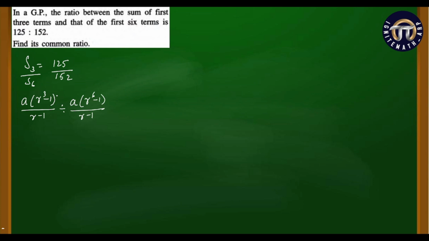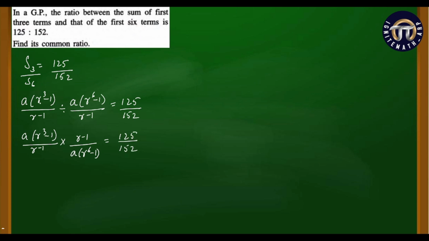This is the sum of 3 terms and this is the sum of 6 terms. This is going to be 125 by 152. So a into r to the power of 3 minus 1 by r minus 1, multiplied by r minus 1 over a into r to the power of 6 minus 1, is equal to 125 by 152.